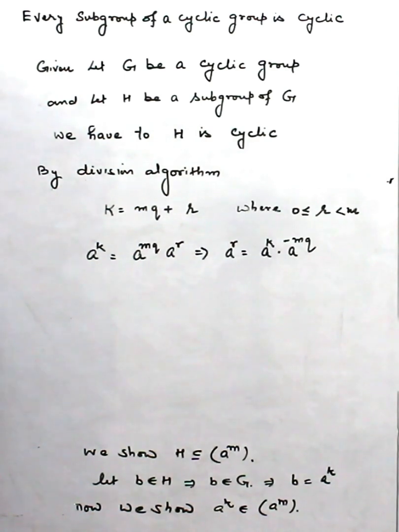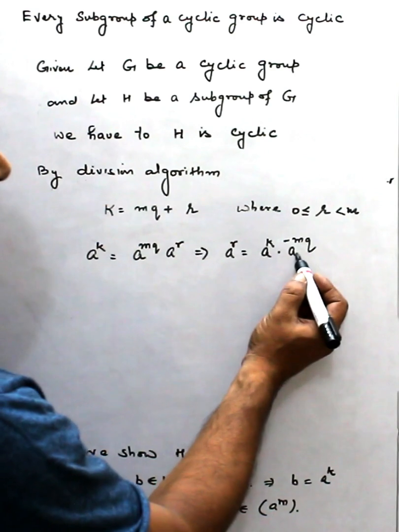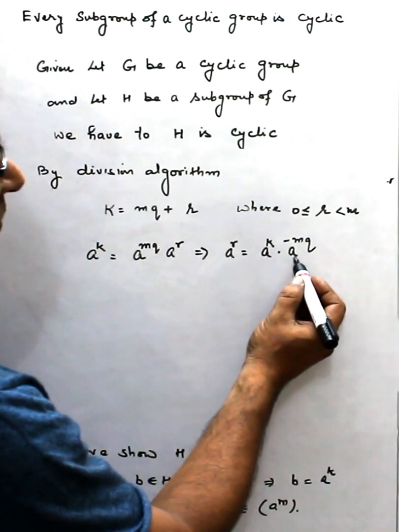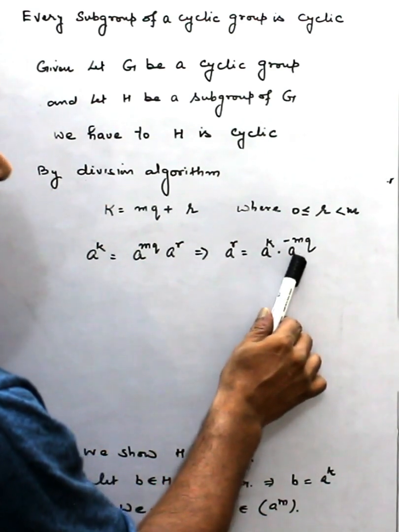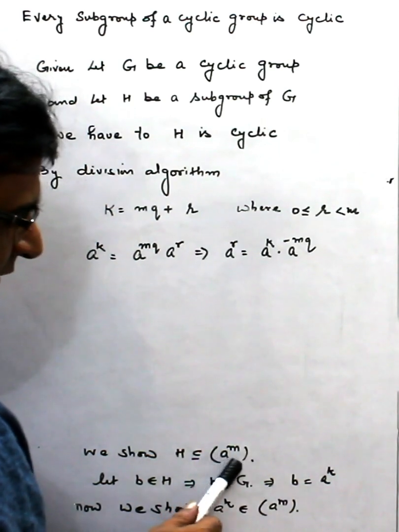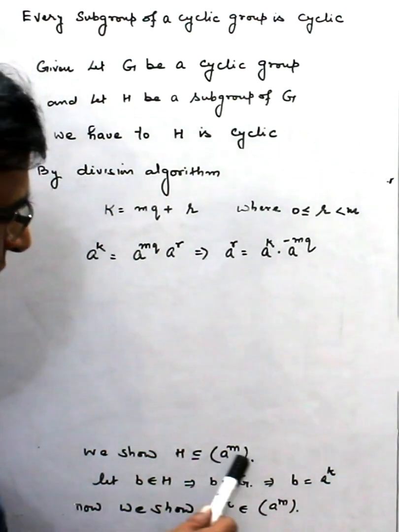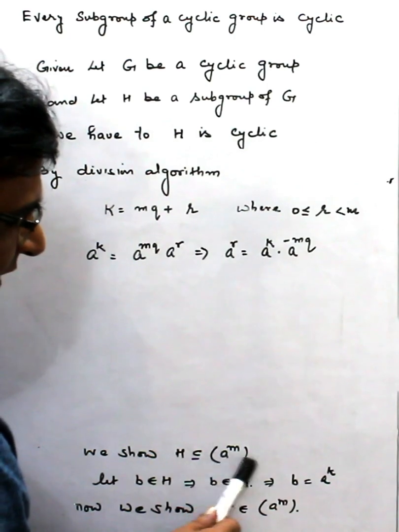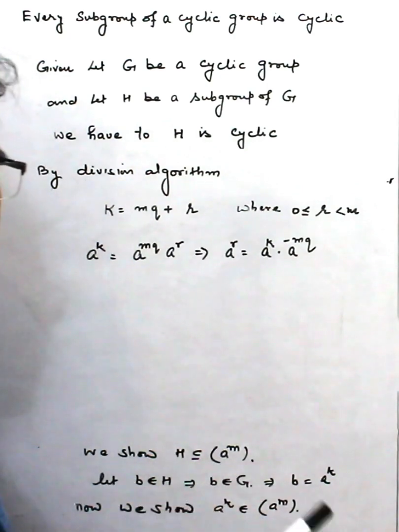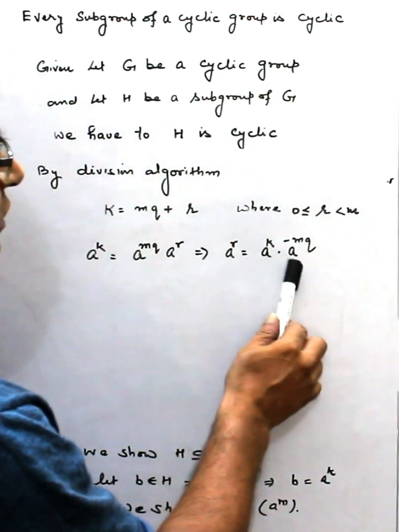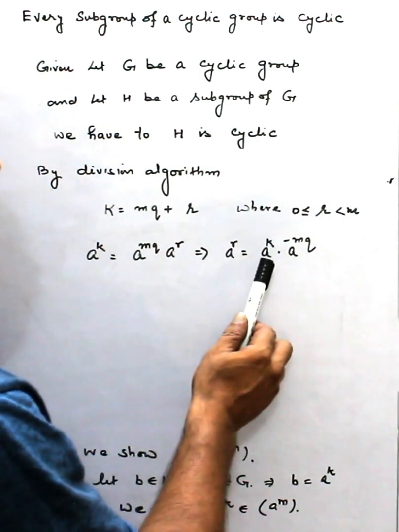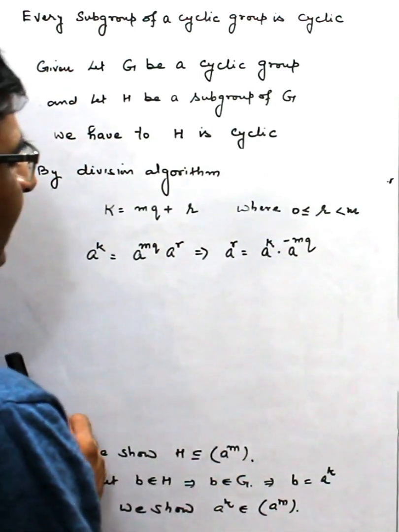Now what happened? This mq is an element in this set, because this set has negative and positive numbers. Therefore, now this product. So what actually we get?